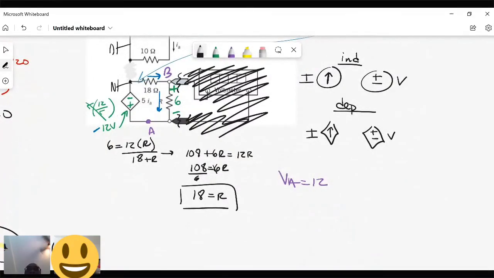Having a ground does not affect which method you use. You need a ground to do the no voltage method, that's it. But if you have a ground, you don't necessarily have to do the no voltage method.